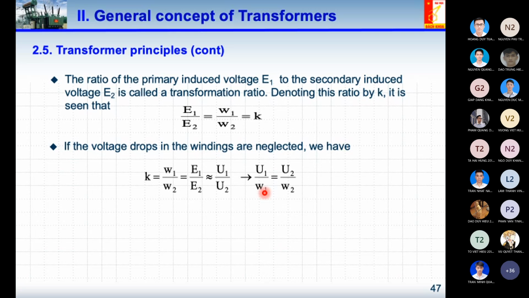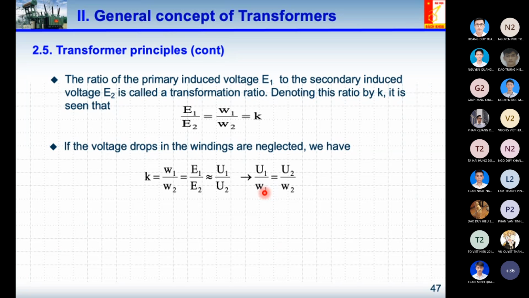In practice, if you want to keep U2 constant while the value of U1 varies, it means that we have to change the number of turns of the winding. We can change the turns of the primary winding or the secondary winding, according to you.